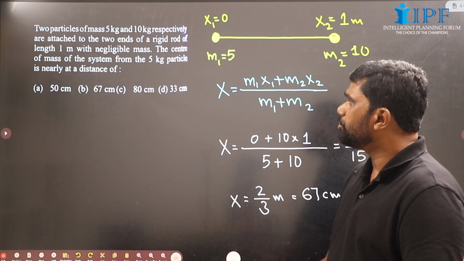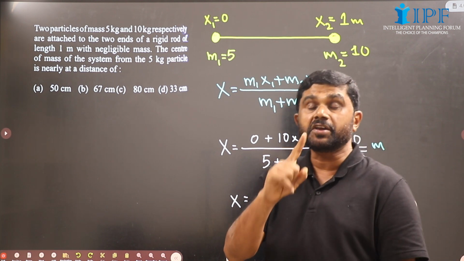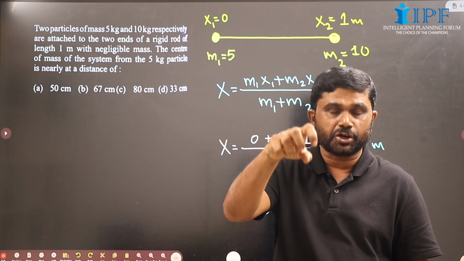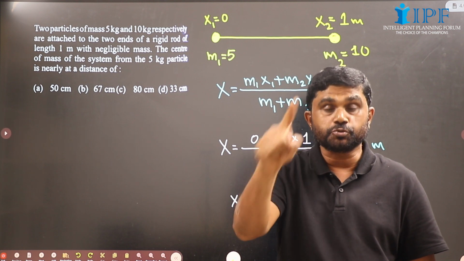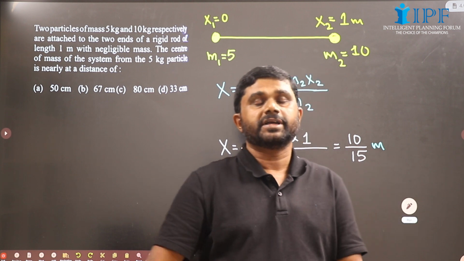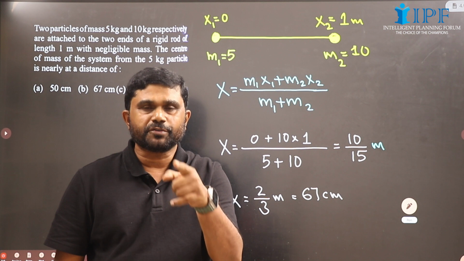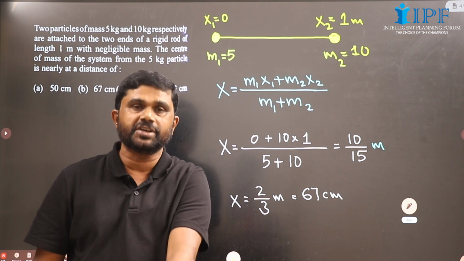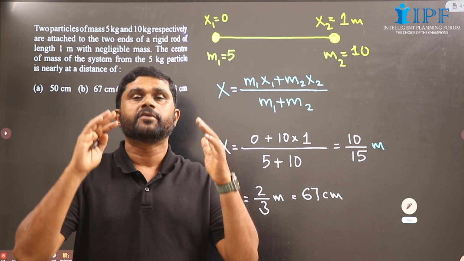We have to find the distance of the center of mass from the 5 kg mass. If you want that, it is always better to choose the position of the 5 kg mass as the origin. Then the coordinate of the center of mass means the distance of the center of mass from the origin. So if you choose the origin as the location of the 5 kg mass, you will directly get the distance of the center of mass from 5 kg.